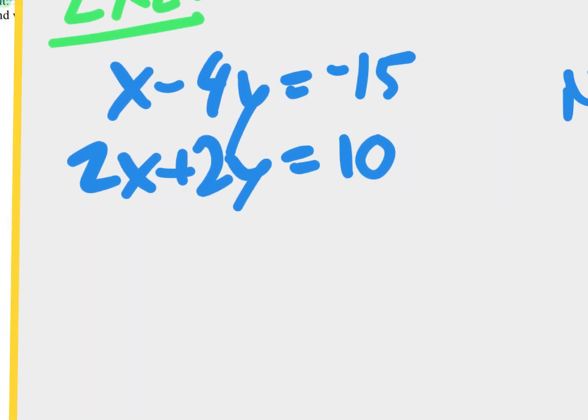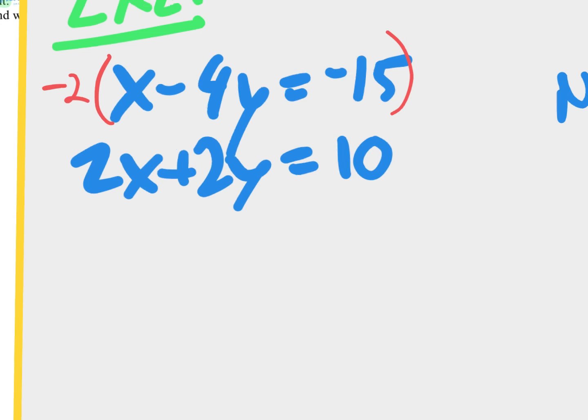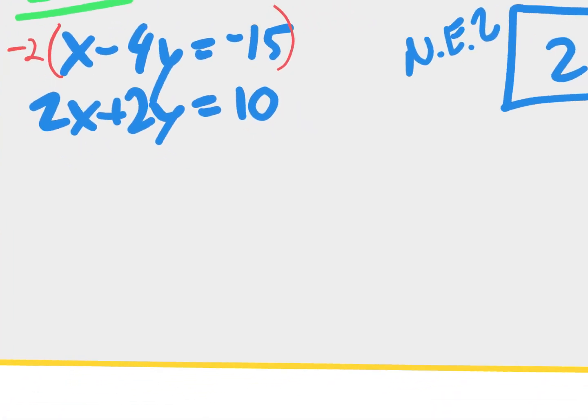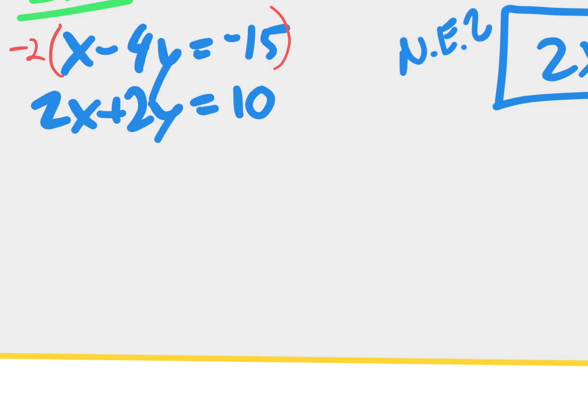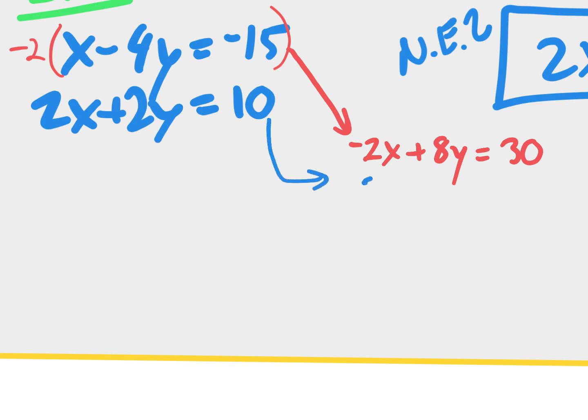What do we want to cancel, x's or y's? Multiplying the top one by negative 2 will cancel out x's, right? I'm running out of space here. So I want to take that negative 2 times x, get negative 2x. Negative 2 times negative 4, positive 8 with the y. Negative 2 times negative 15 is positive 30. The bottom one, I'm just going to rewrite it. 2x plus 2y equals 10.